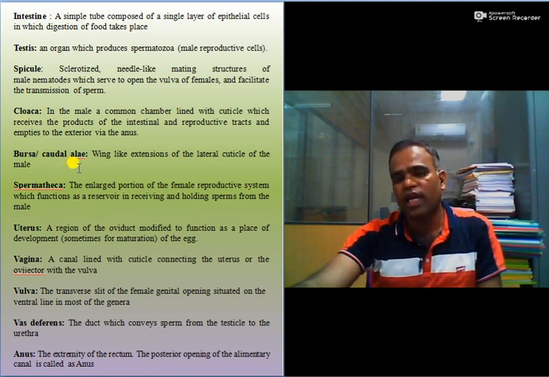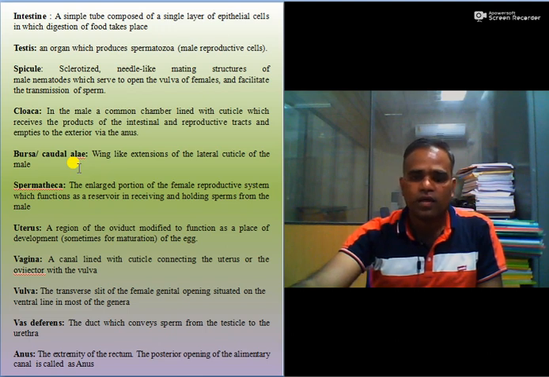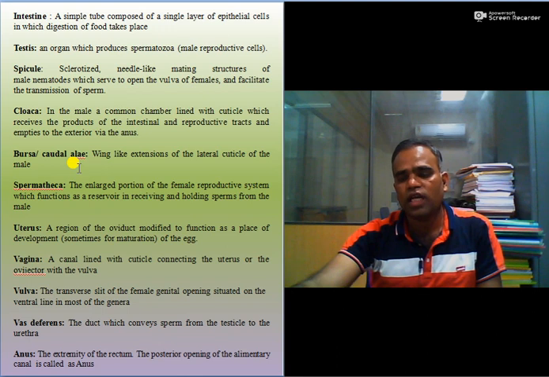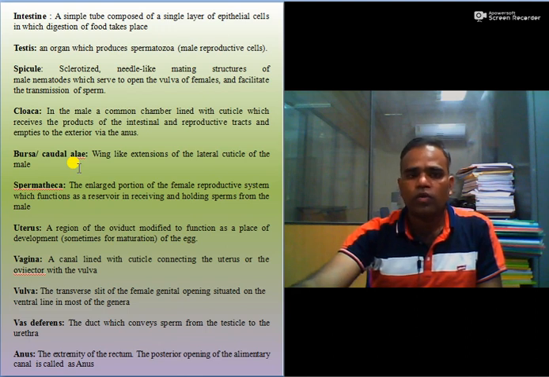These are wing-like expansions present at the base of the spicule, and they are useful for holding the female during reproduction.